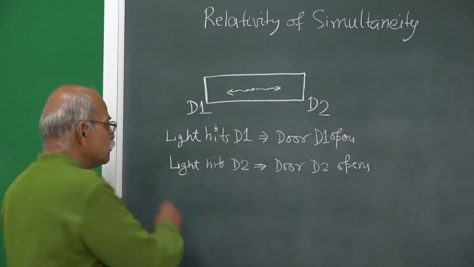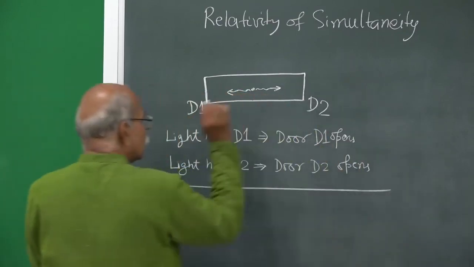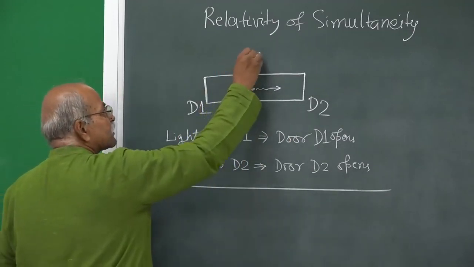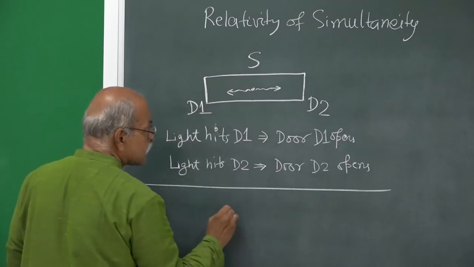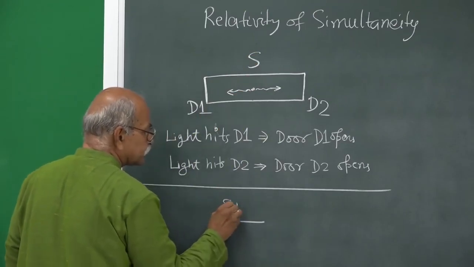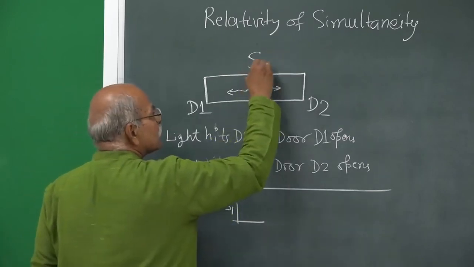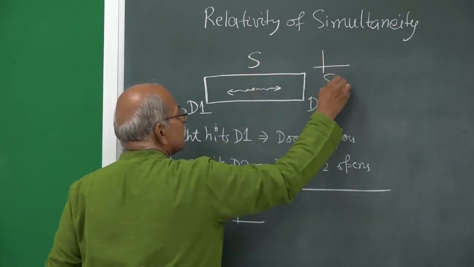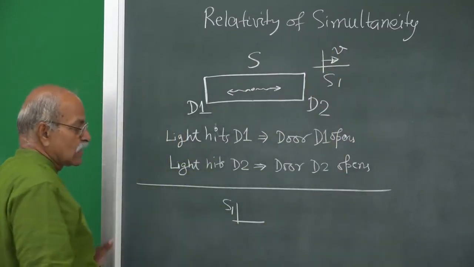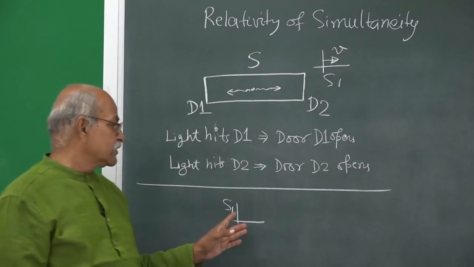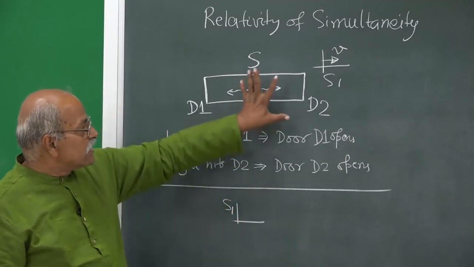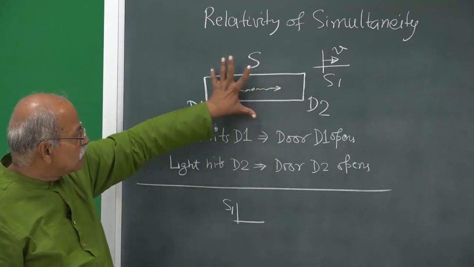Now, if you look at this whole experiment once again from a frame, let us say this frame is S, and I look at it from a frame S1, and with respect to S, this S1 is going towards right with some velocity. So, from S1 what will I see? I will see that this whole tube is going towards left.